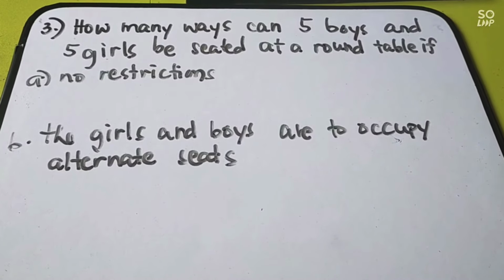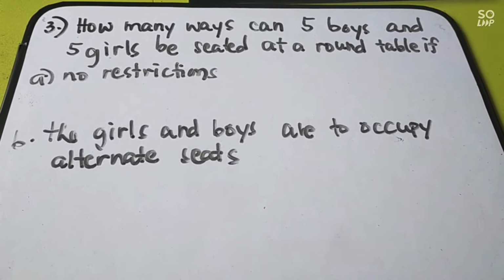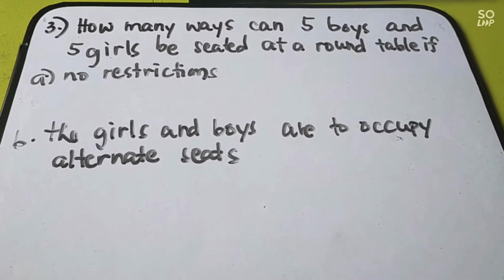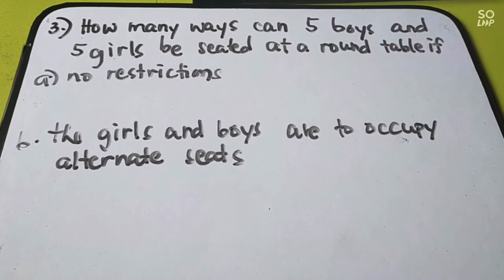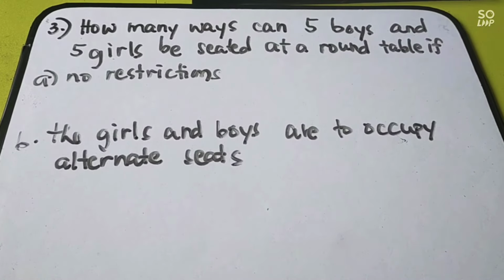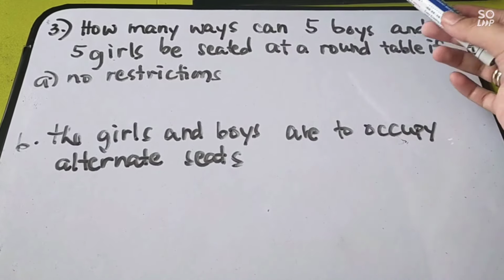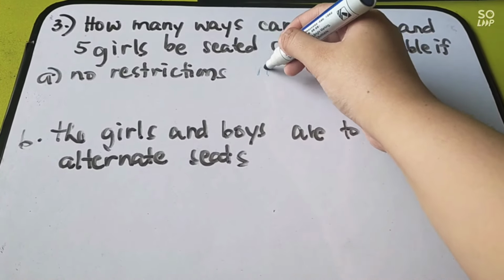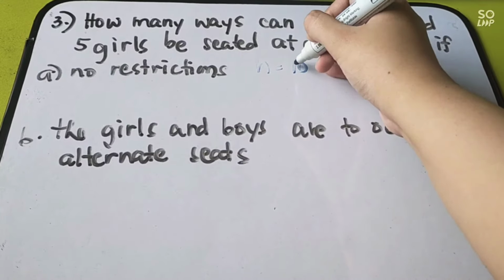Number 3. How many ways can 5 boys and 5 girls be seated at a round table if, letter A, no restriction? Since no restriction siya, add lang natin yung 5 boys and 5 girls. Therefore, ang n natin ay 10.